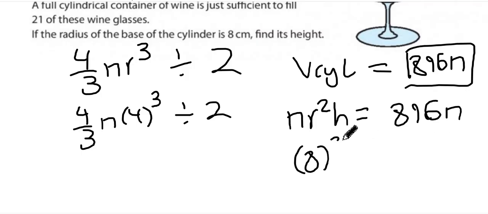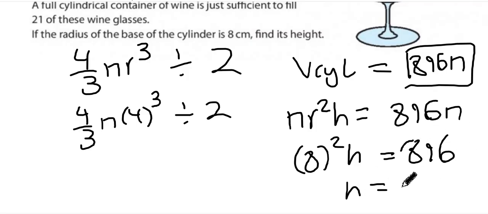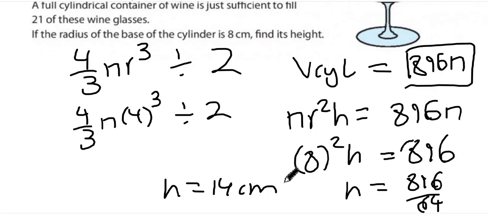So it's going to be 8 squared times h is 896. So you're just going to divide 896 by 64, is it? And what do you get? 14 centimeters? Yeah. 8 squared is 64. And if 64 is multiplication on the left, it has to be division on the right.